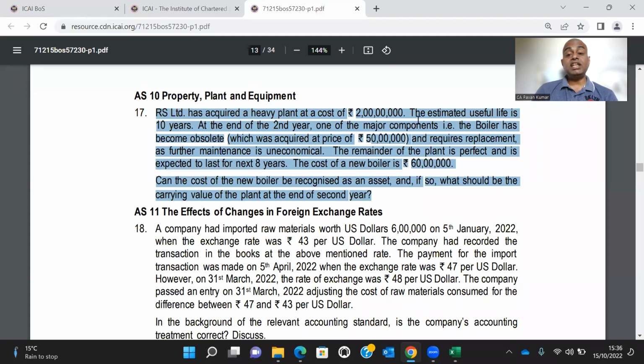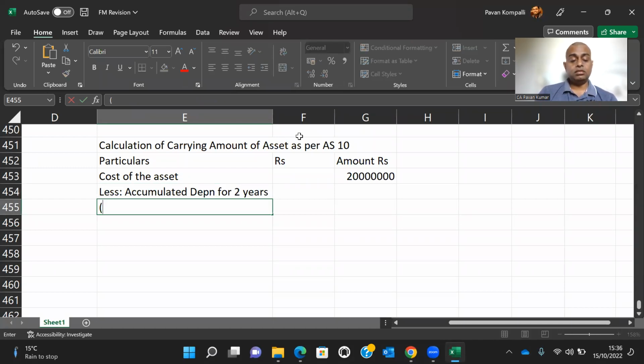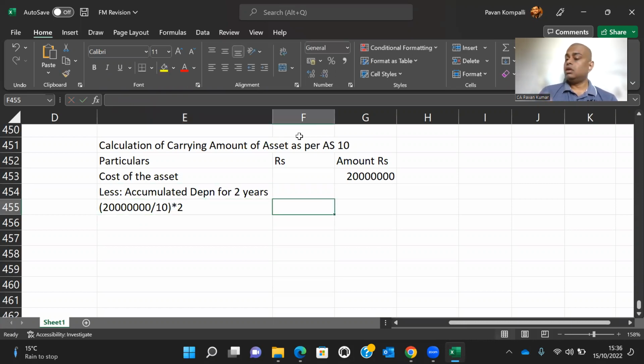When the company purchased it, the estimated useful life is 10 years. At the end of the second year, that means 2 years you have already used. So less accumulated depreciation for 2 years. Can I say 2 crores divided by 10 years into 2 years?